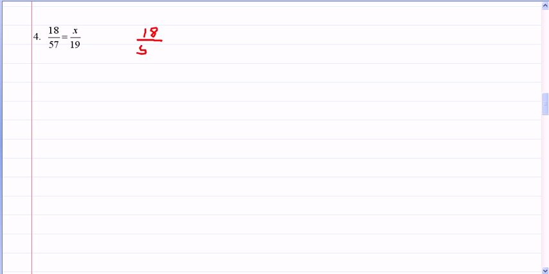For number 4, we have 18 over 57 equals x over 19. So I start with this product, because this one has the x, and I have 57x.